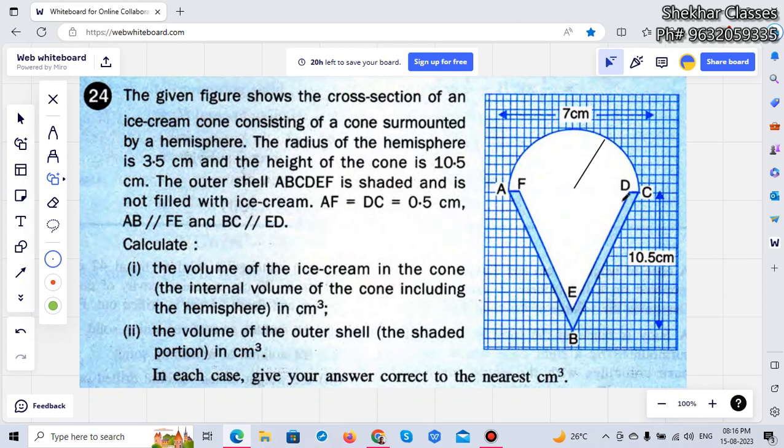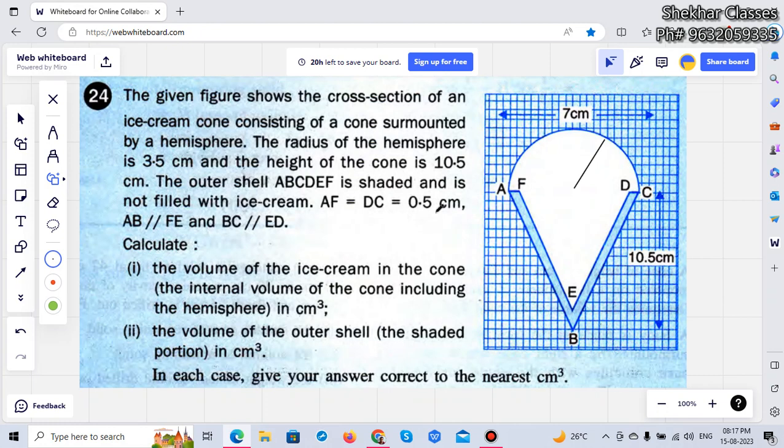The part which is highlighted, or shaded, is not filled with any ice cream in it, right? AF is parallel to DC.